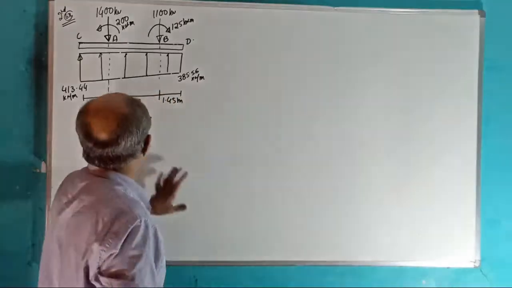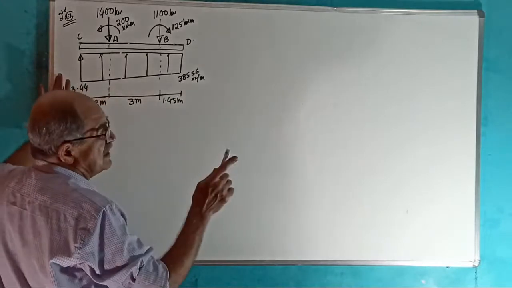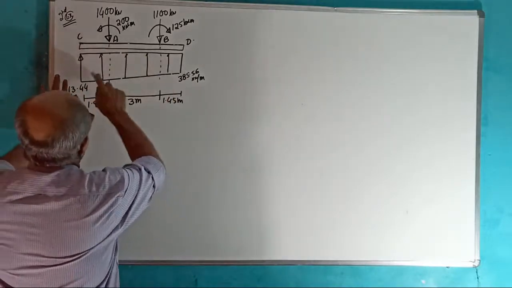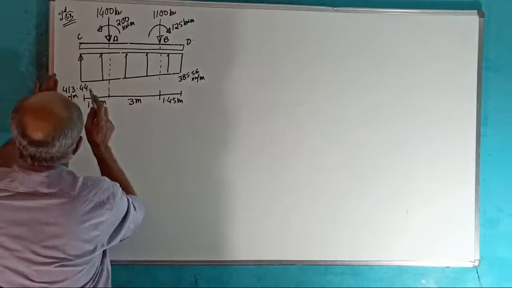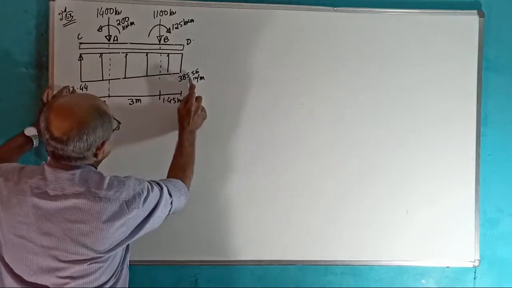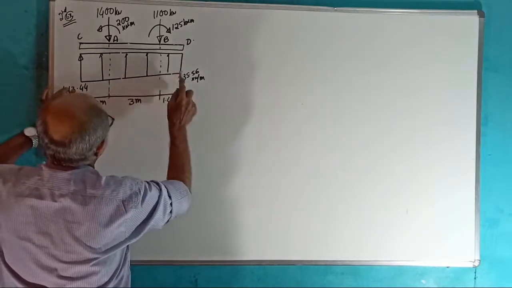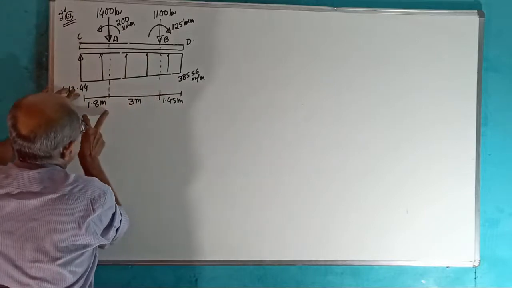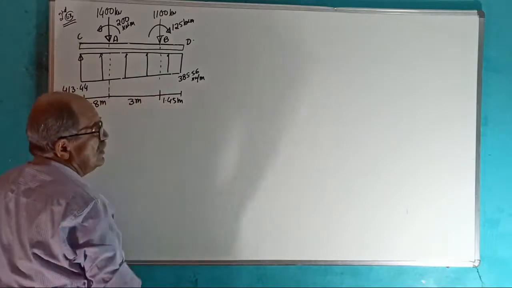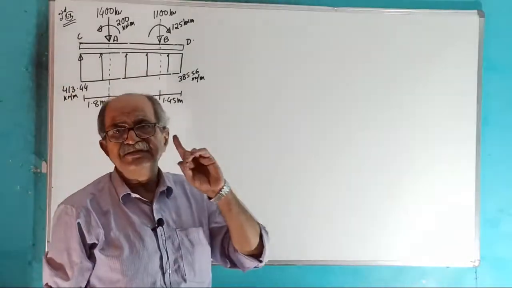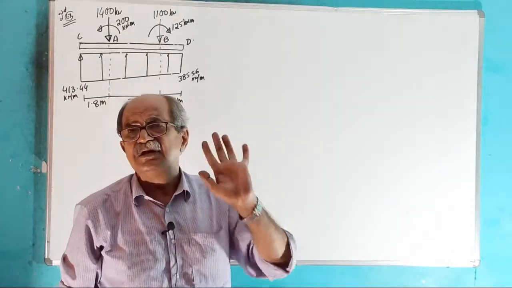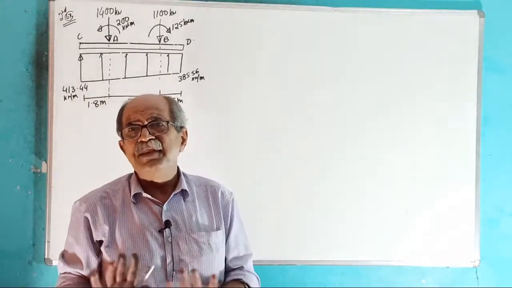First, those who want to write the question, write the question. All these values are given for you. How this value came, how this variation came, and how you fixed that 1.8 and 1.45, all that comes in RCC class, not in strength of materials class.